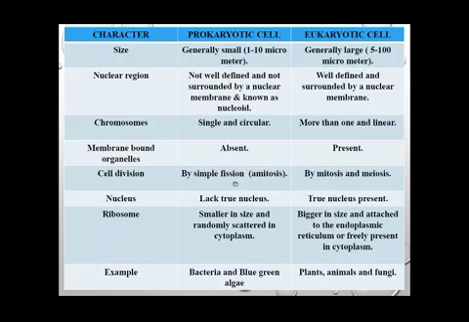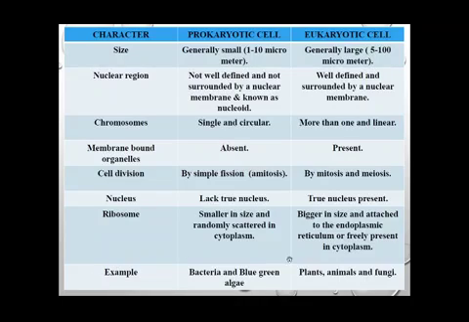Now comes the cell division. Cell division is simple fission in case of the prokaryotic cell, while it is mitosis and meiosis in case of the eukaryotic cell. Now the nucleus: the prokaryotic cell lacks a true nucleus, while in case of the eukaryotic cell a true nucleus is present.